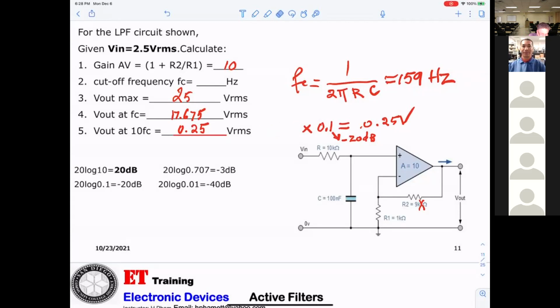V out maximum is 25, right? Okay, so you get 2.5. Looks good. Yeah, thank you.